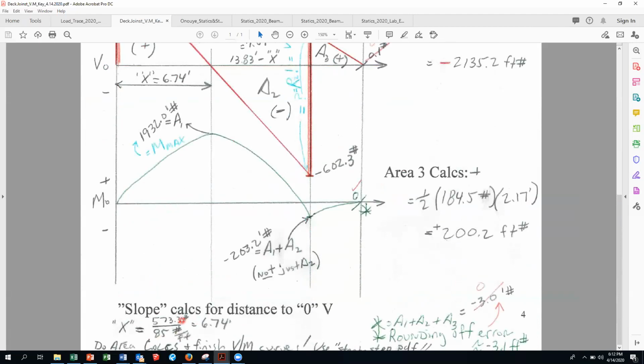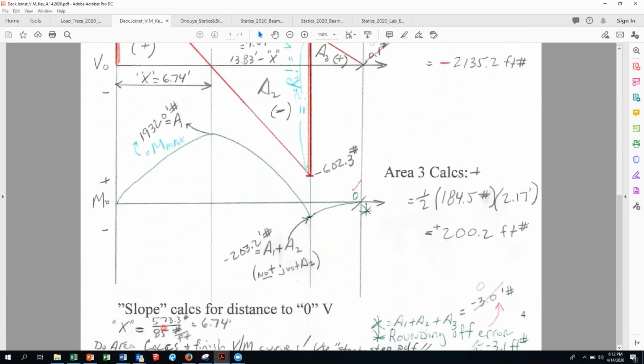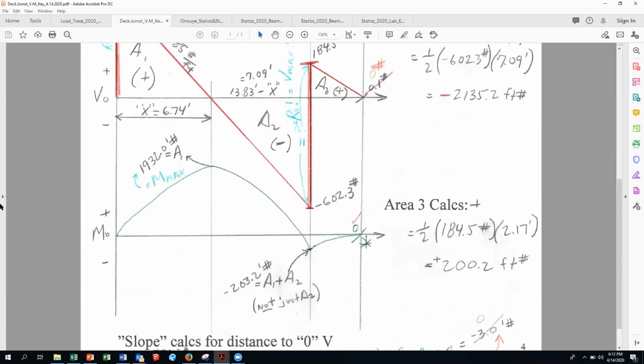Some of you are struggling with that. So the run, which is that X, is equal to the drop. It's going to drop over that distance from 573.3 down to 0. So that is the drop divided by the slope. And that's 6.74.